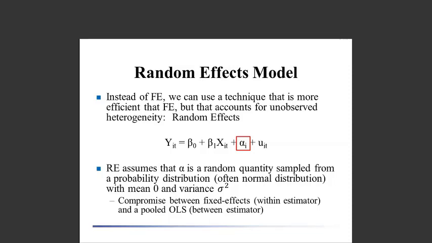With pooled OLS, we simply ignore alpha i and let it get subsumed by the error term. Random effects is a compromise between these two models, and it maximizes efficiency by calculating beta as a weighted average of the fixed effects estimator and the pooled OLS estimator.